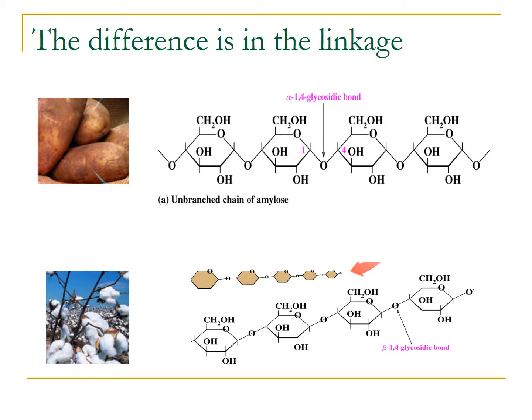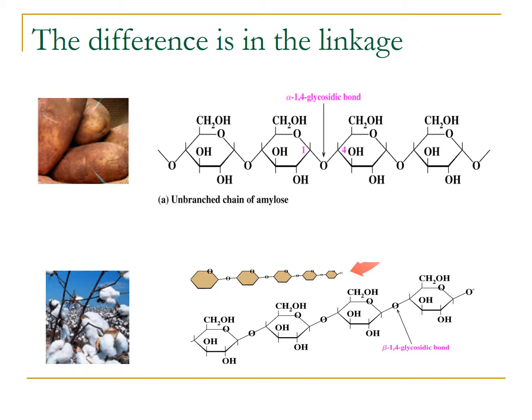The structure of the linkage between the simple sugar molecules is pointed out here in the little pink words: alpha 1,4 glycosidic bond. That means basically that the simple sugars are linking up using the 1 carbon on one simple sugar and the 4 carbon on another simple sugar. So it's a 1,4, and they're calling the linkage there a glycosidic bond, but it's of the alpha variety.